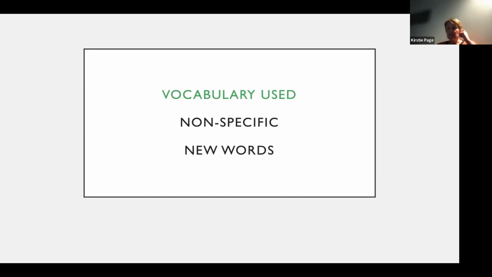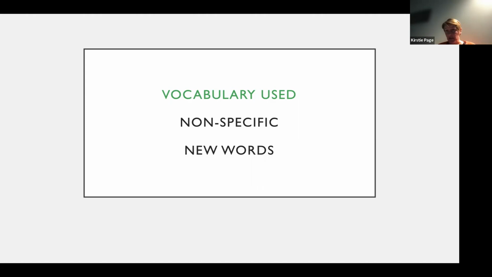So we've already talked about being really careful about the verbs that we use, but vocabulary is obviously much deeper than verbs. So as well as having non-specific verbs, we can have children use those non-specific pronouns: this one, that one, there, it, which again are really handy because they allow the child to get their message across.